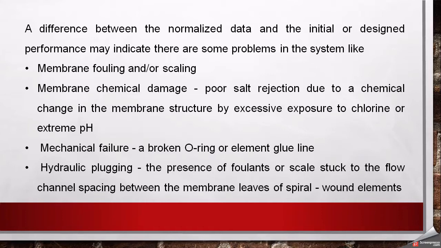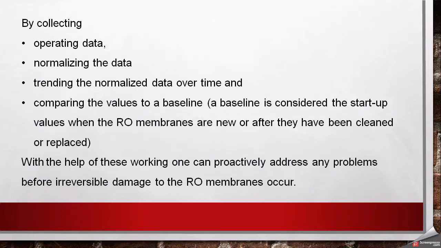For example, there may be membrane fouling or scaling or membrane chemical damage. This may be due to excessive exposure to chlorine or extreme pH, or mechanical failure, or hydraulic plugging, that is, the presence of foulants or scale stuck in the flow channel, as we already described in the previous videos where we discussed the membrane types and its structure.